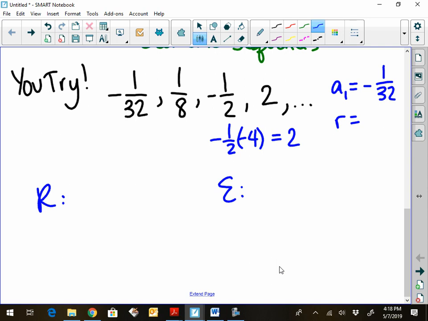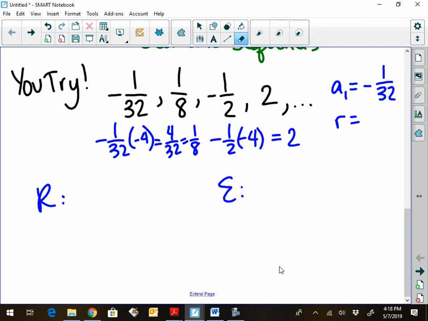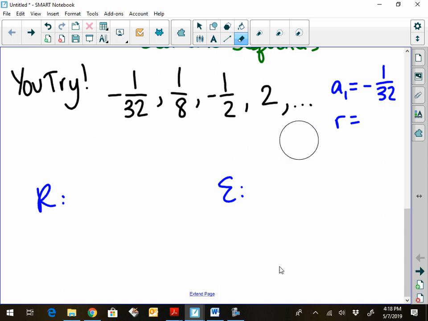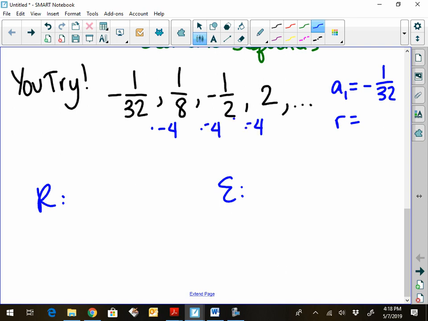So if I have negative 1 over 32 times negative 4, well, I get 4 over 32, and that reduces to 1/8. The negative times the negative cancels out. And I could check the same with the middle term there. So what I'm doing every time is multiplying times negative 4, times negative 4 to go from one to the next.